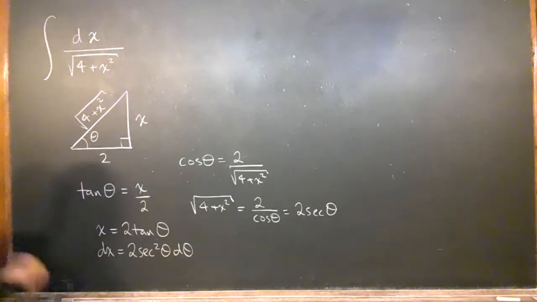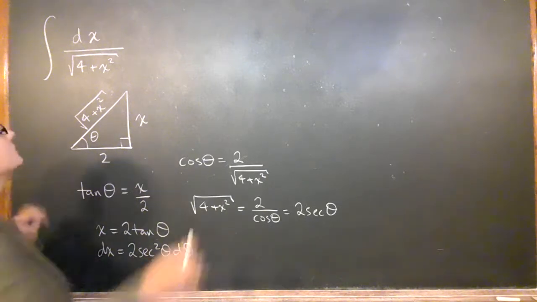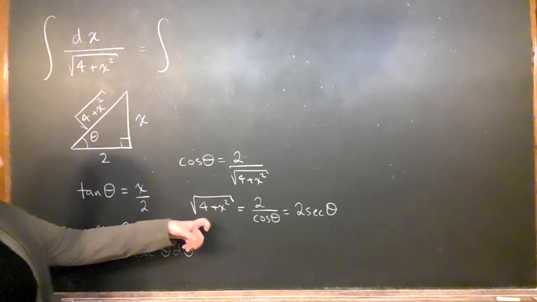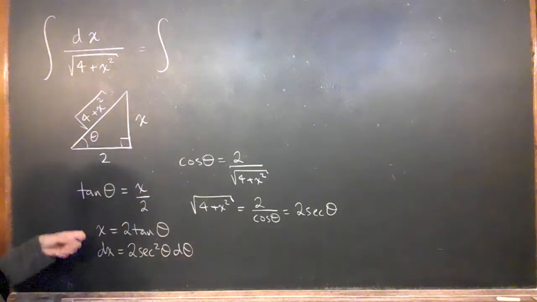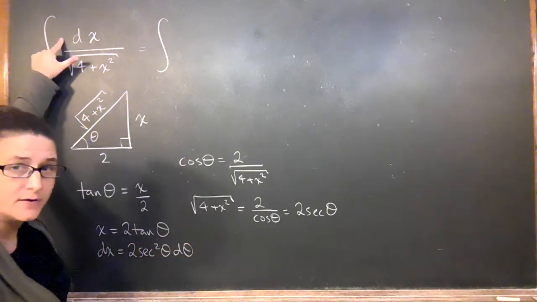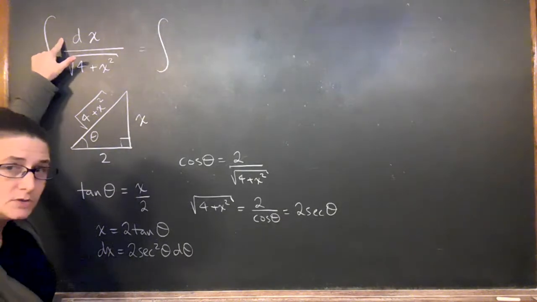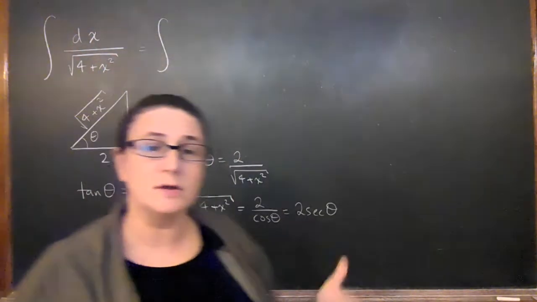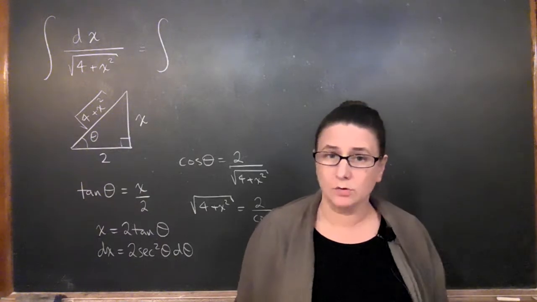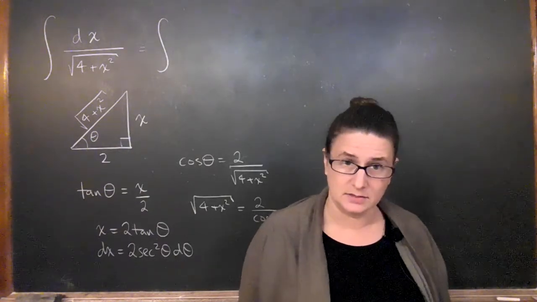Okay? Now, another thing to reiterate: if all I need is this, why do I have to do all this? Because I don't need just this. I also have the dx. I have to substitute in for the dx. It's an important thing to always remember that you have to substitute in for the dx. It won't work right if you just forget the dx.